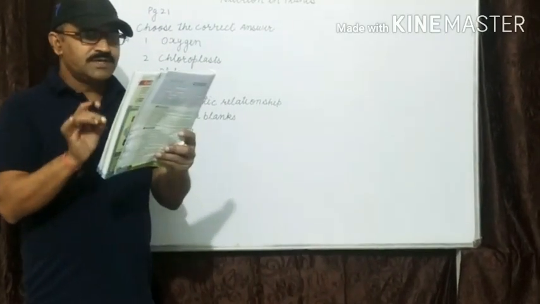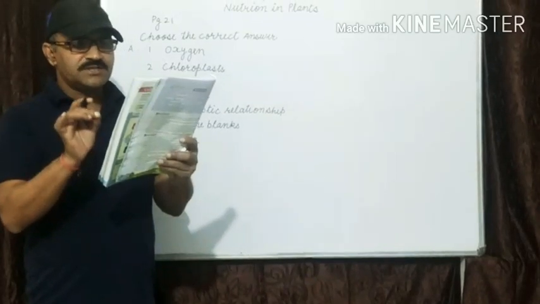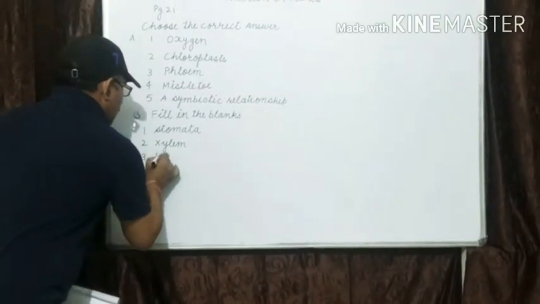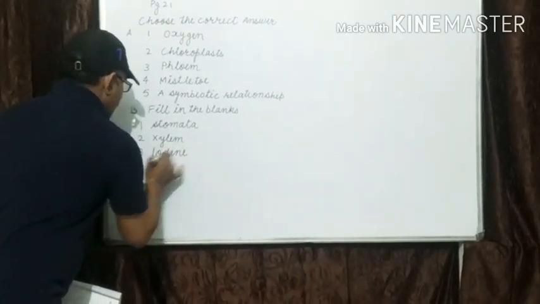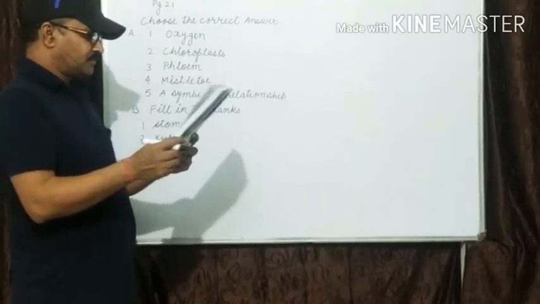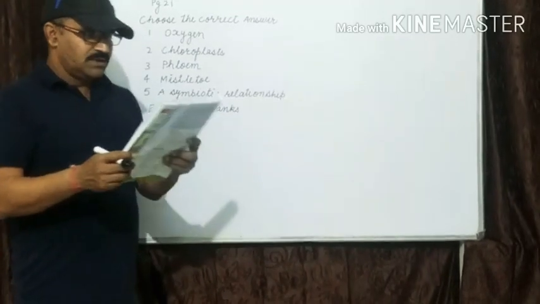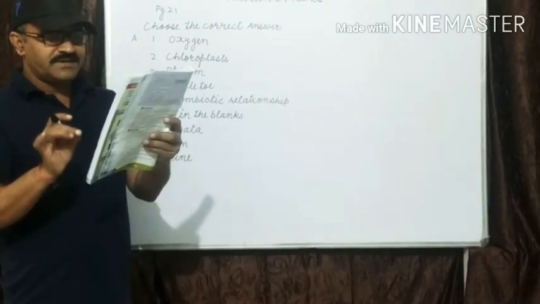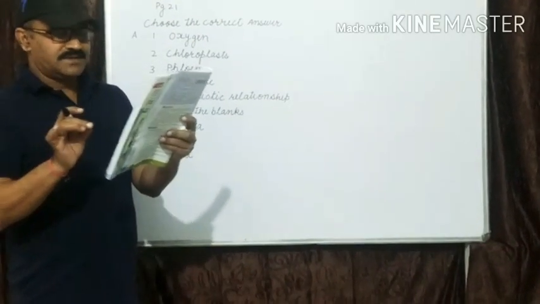Dash solution is used to test for the presence of starch in the leaves, that is iodine. Fourth, the organism from which the parasite derives nutrients is called the dash.